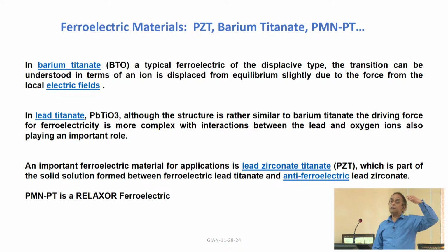The transition from ferroelectric to paraelectric state is very sharp in PZT and barium titanate, whereas in PMN-PT, if you look at the polarization versus electric field as a function of temperature, it is very shallow. So, it occurs over a wide temperature range and it is not very sharp. That is the signature for relaxor ferroelectrics.